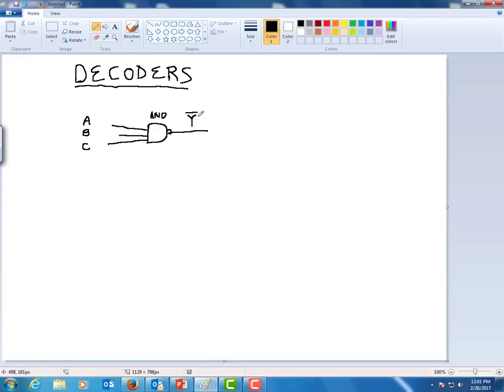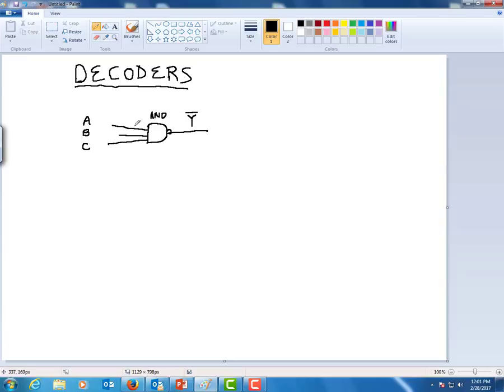So the only time Y would be low is when each one of the inputs are high. So the key thing to remember about decoders is a specific set of inputs, whether they're high or low or a combination, is going to provide a specific output.